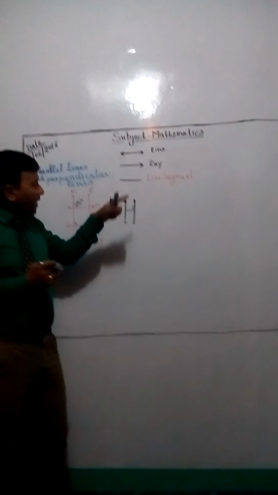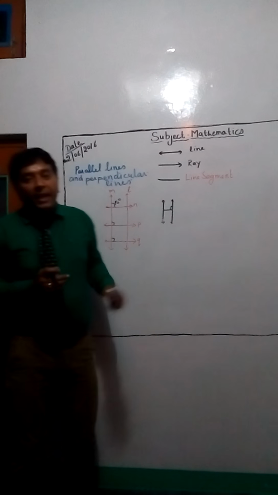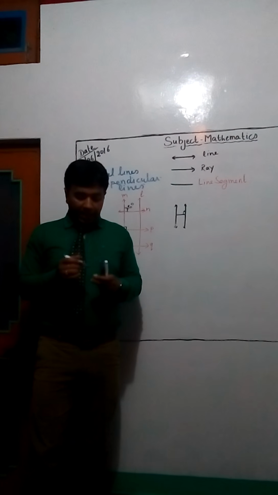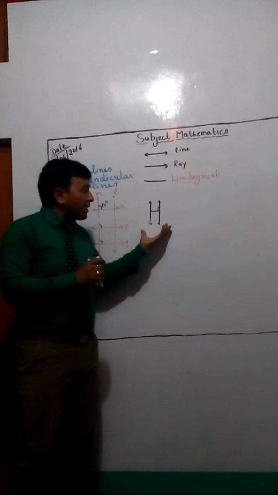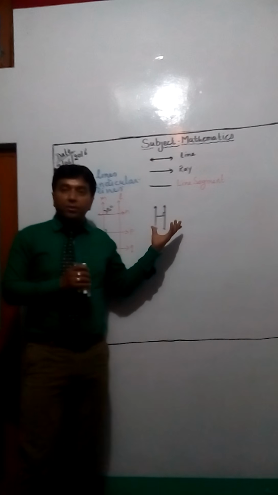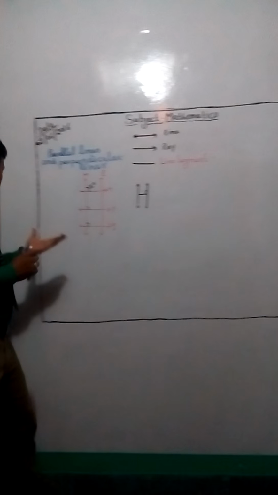Now, if you have an idea about parallel lines and perpendicular lines, you can take this idea into your day-to-day life. If you look at the wooden pattern of the door, these two white wooden strips are at a constant distance.